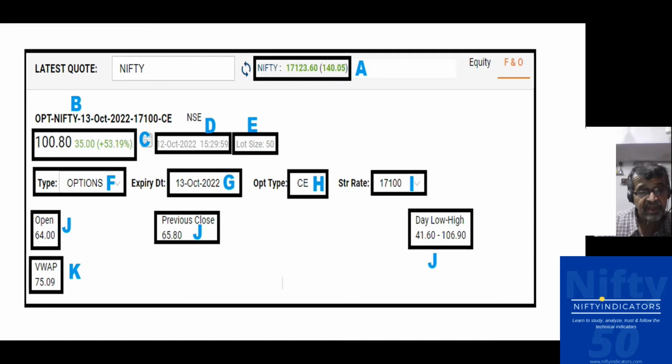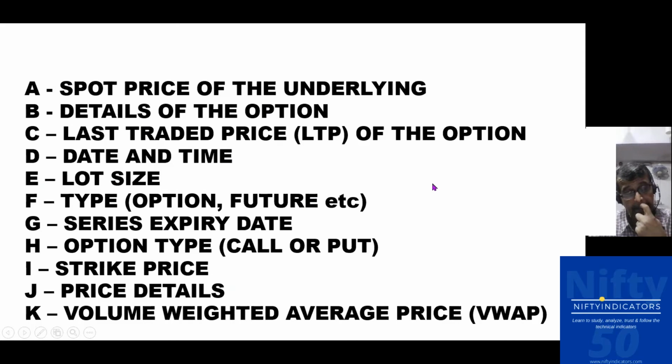J gives open price, previous close, high, low, etc. And K gives VWAP, that is volume weighted average price. So these are the details that are normally needed when we are talking of options.